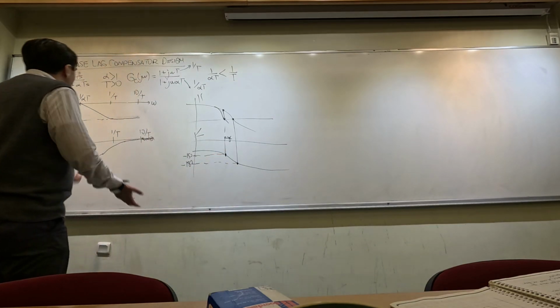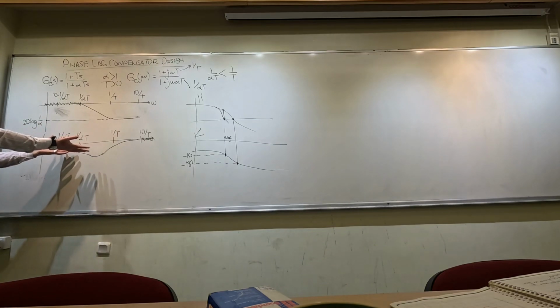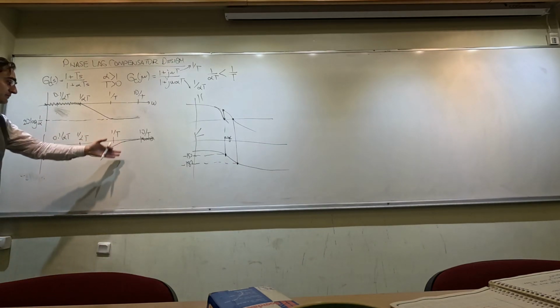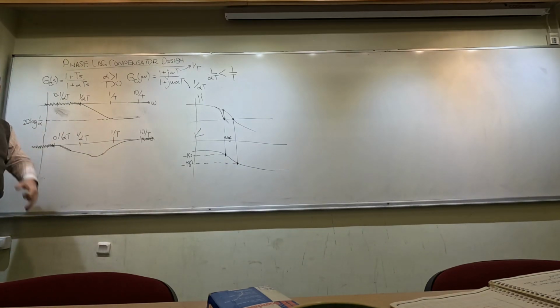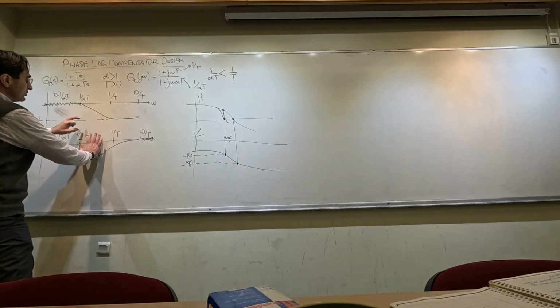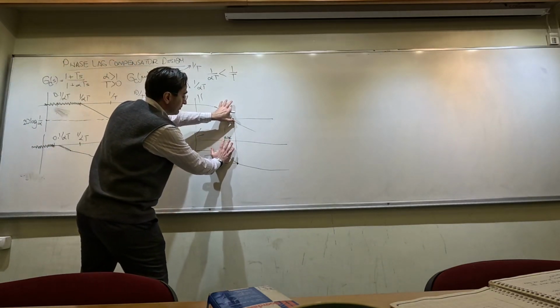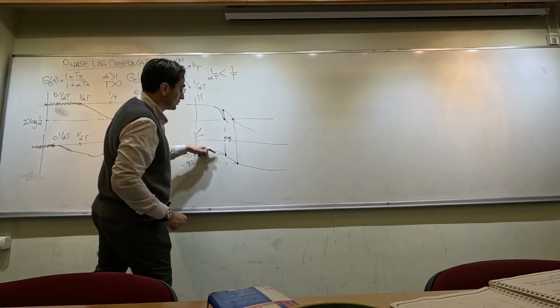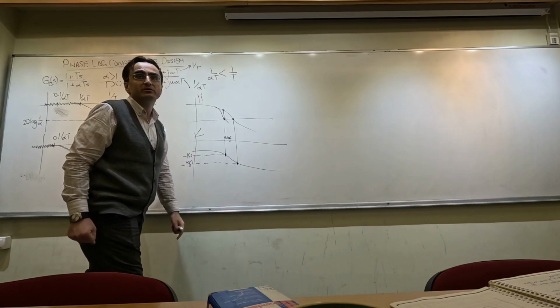Then what is going to happen to this phase? Because this negative phase is going to come as a side effect of the compensator. If I place this frequency somewhere around here, this phase is going to pull my phase further down.